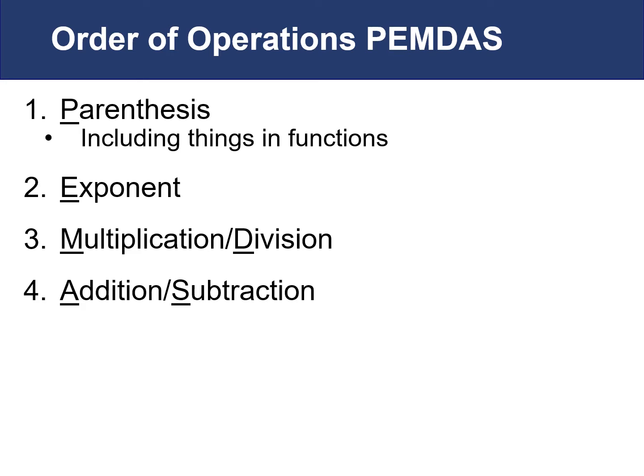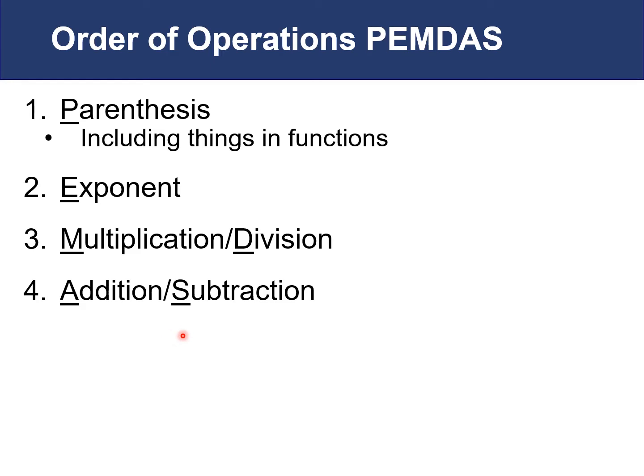Now there's an acronym, PEMDAS, P-E-M-D-A-S, that is a good mnemonic for remembering the order of operations that you will be using. The P stands for parentheses, the E is for exponent, M is for multiplication, and D is for division. A is addition, S is subtraction.